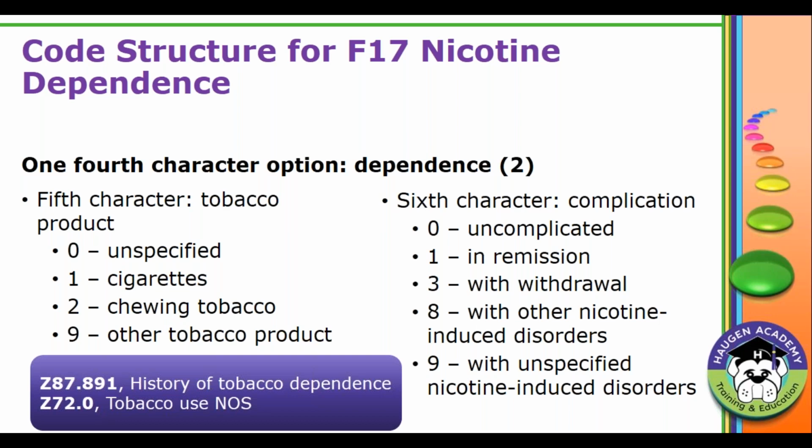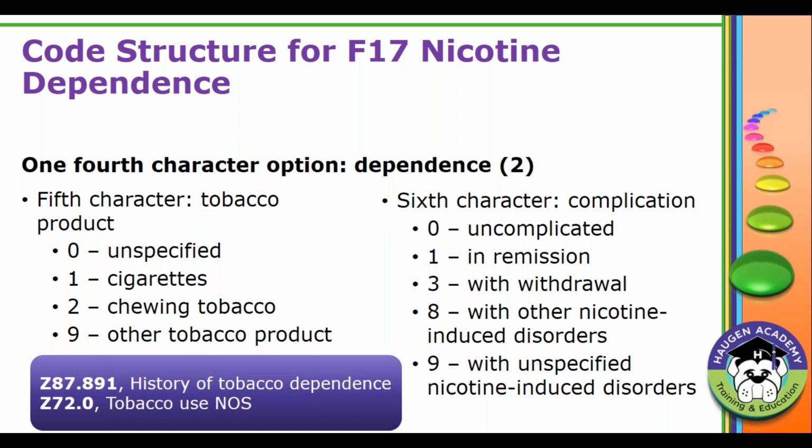That kind of makes me scratch my head and say, wow, when would I code in remission versus a history of tobacco dependence? And you see I've inset those additional Z codes for nicotine or tobacco use and abuse. The Z87.891 is the history of tobacco dependence, and the Z72.0 is the tobacco use not otherwise specified.